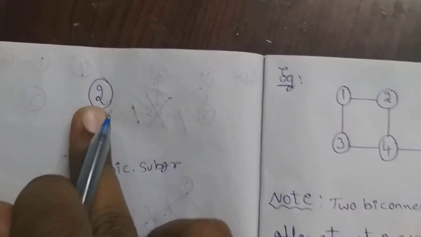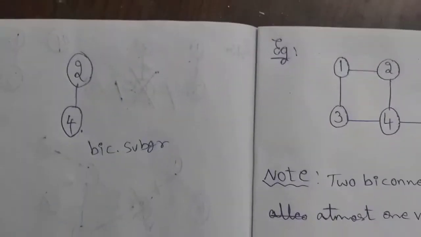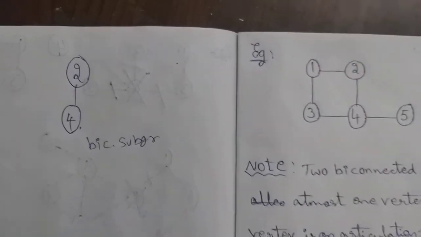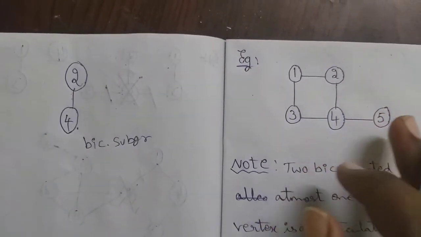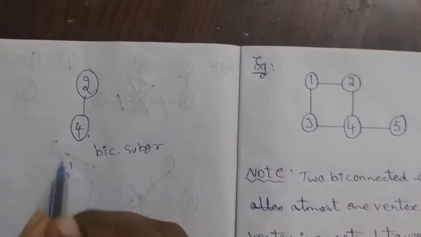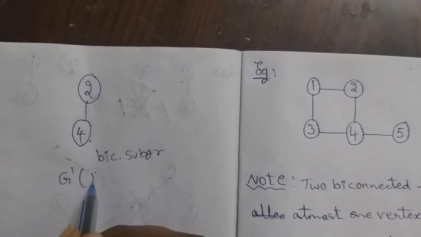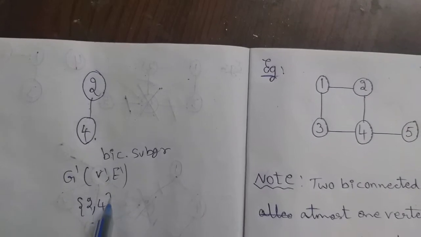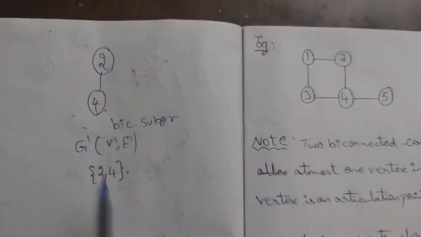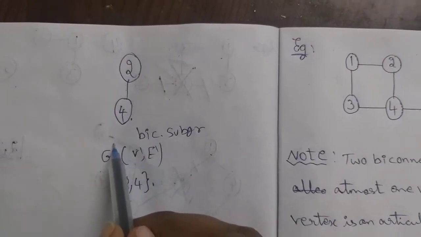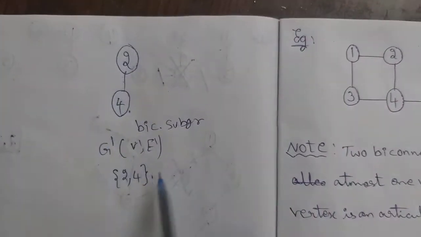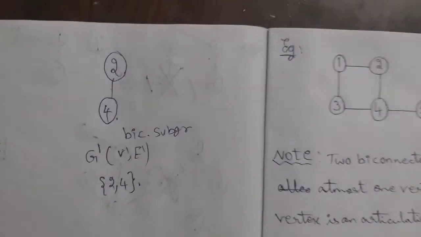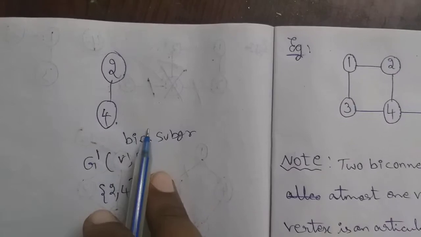But tell me, is it a maximal biconnected subgraph? For this given graph G, there are 5 vertices. For the G', how many vertices have I taken? V', E'. The vertex set is 2, 4. Why am I saying G' is a maximal biconnected subgraph? When should I not say that?